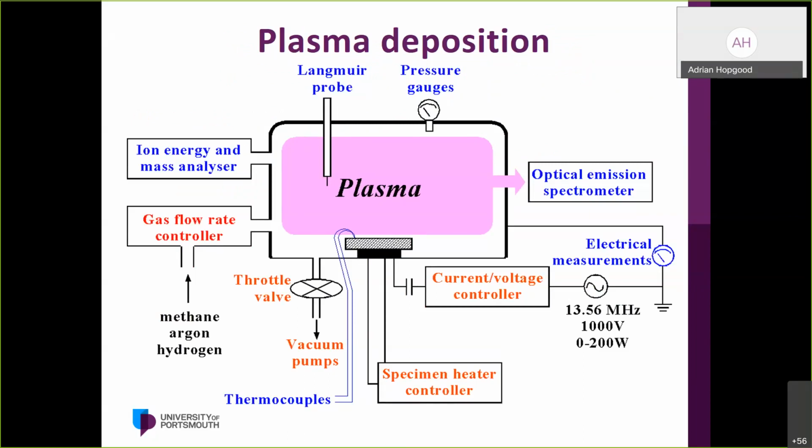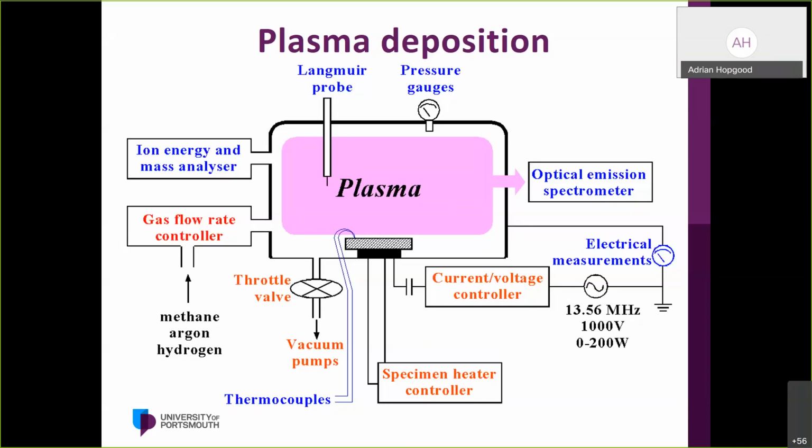We were depositing diamond-like carbon, which is layers of artificial diamond, a process used in the semiconductor industry and some high-value manufacturing of mechanical components. The plasma in this context is a low-pressure ionized gas.